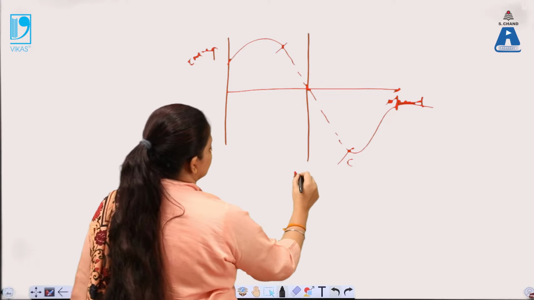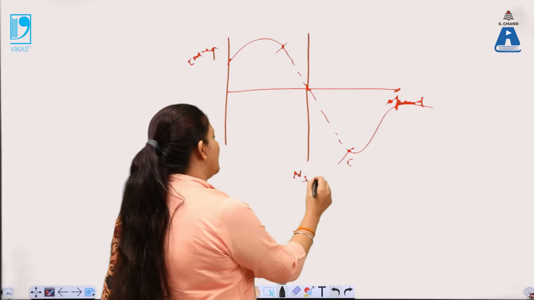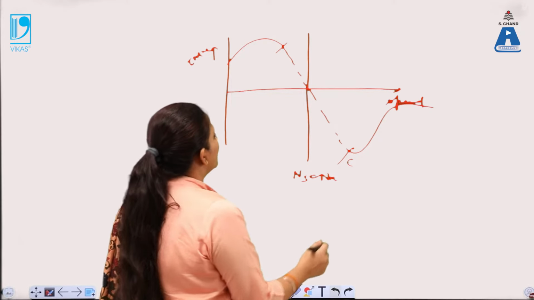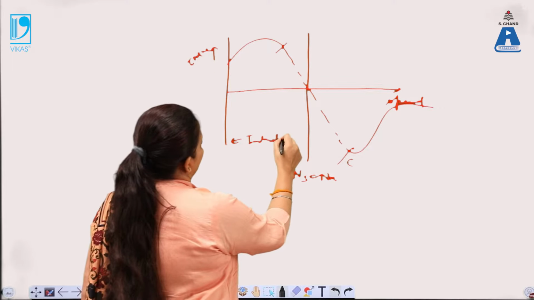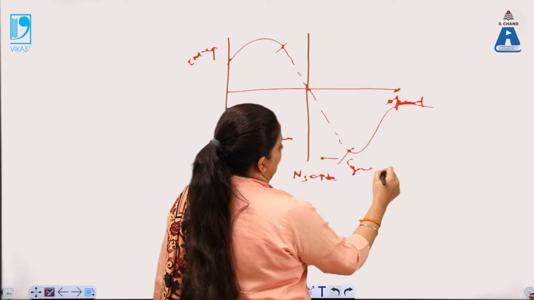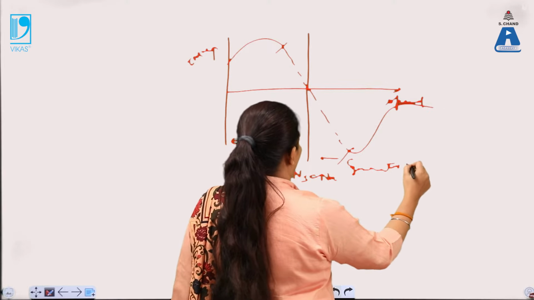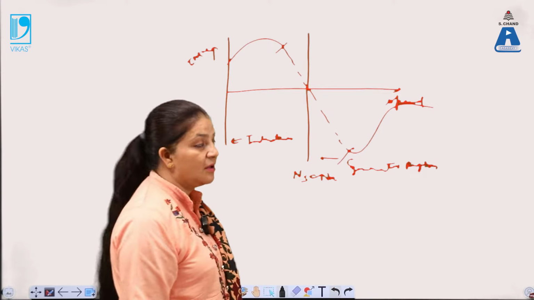Here NS means the system is rotating with the synchronous speed. NR and NS are both the same over here. This is the induction motor region and this is the generator region.